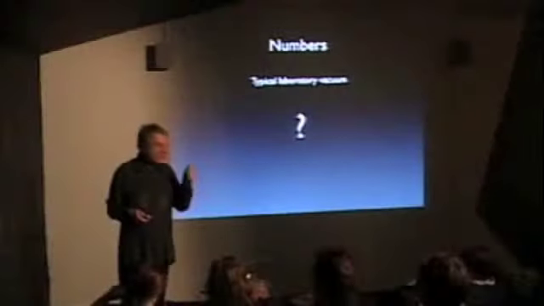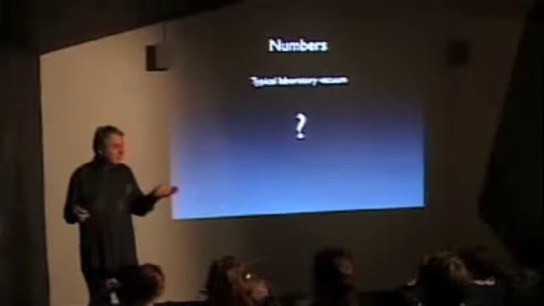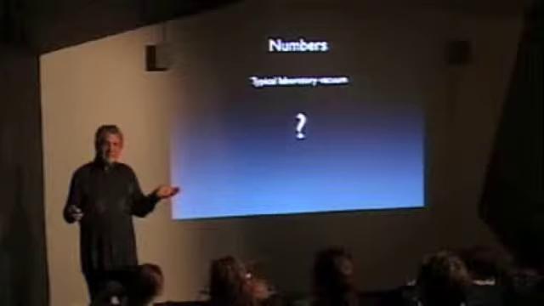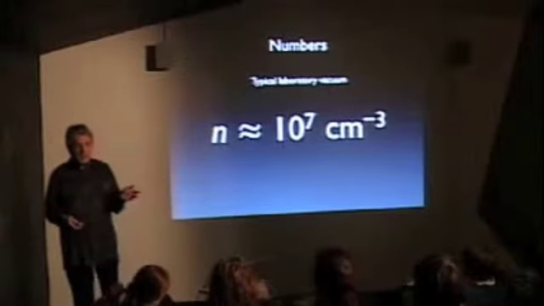So any idea how many atoms or molecules are left behind, even per cubic centimetre, even after we've been pumping away for days? Any guesses? It's obviously a much smaller number than 10 to the 19. 100? A million? Okay, well, it's actually 10 to the 7, or 10 million.